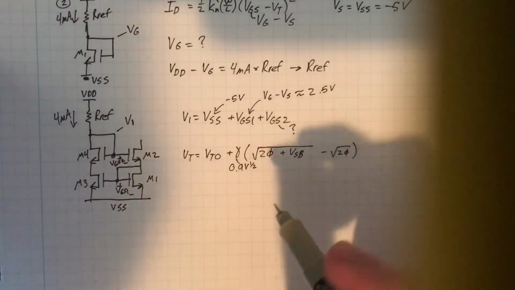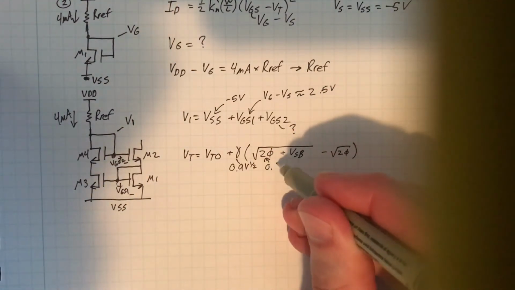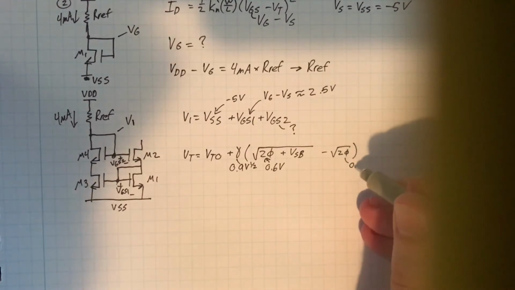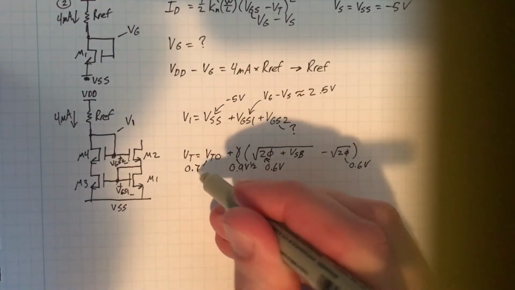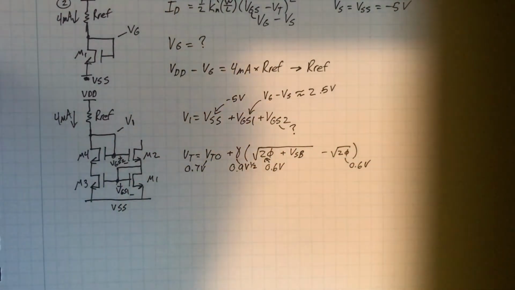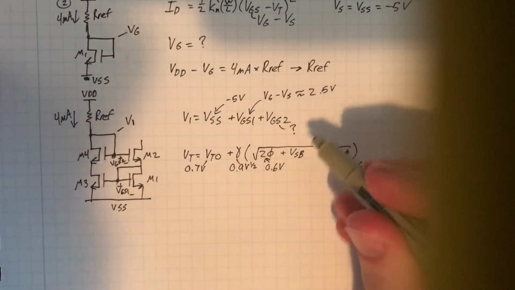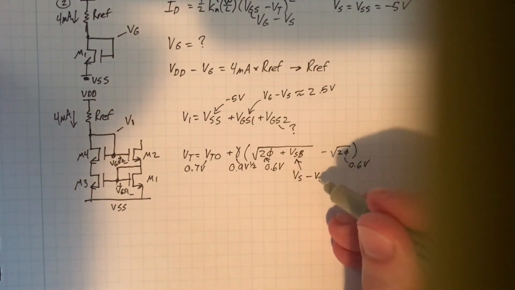I think that's given to you. 2 phi is 0.6 volts. VTO is 0.7 volts. VSB is the only tricky variable here. So that's the source voltage minus the body voltage, minus VB.